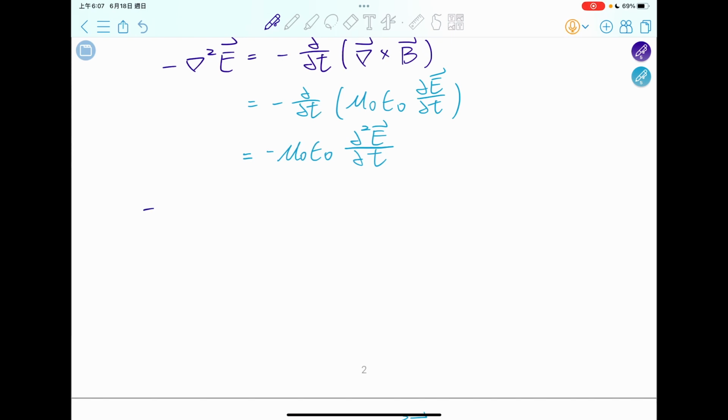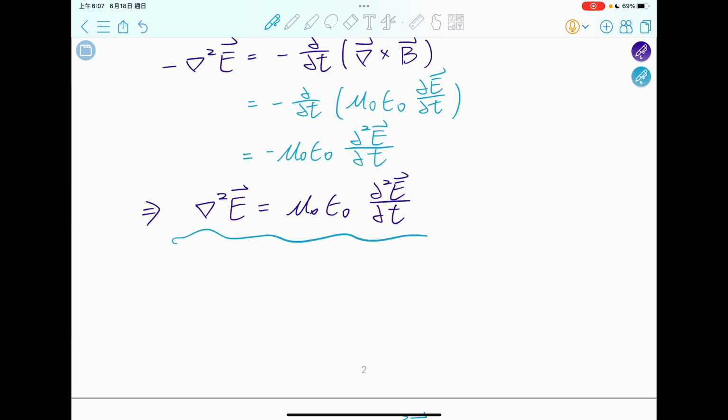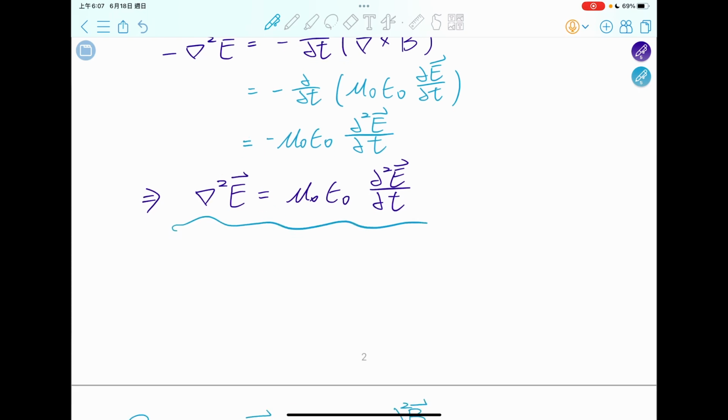Then we will finally get the Laplacian of E equals mu naught times epsilon naught times the second partial derivative of E with respect to t. And this is the electromagnetic wave equation with respect to the electric field.